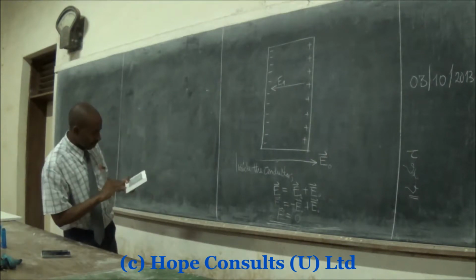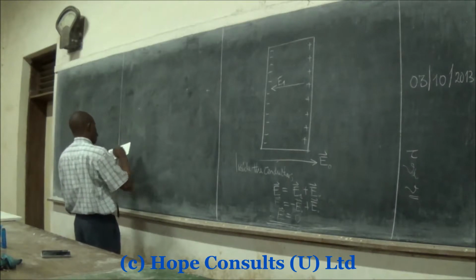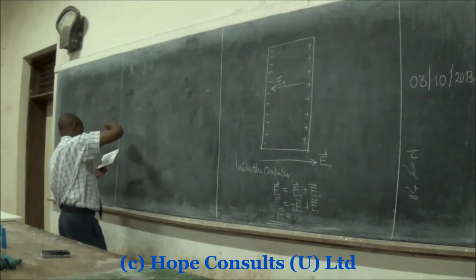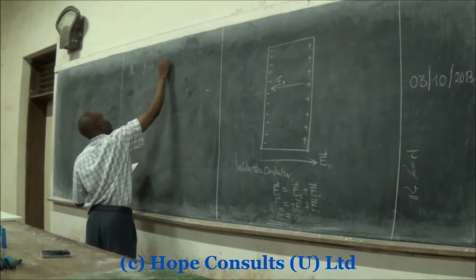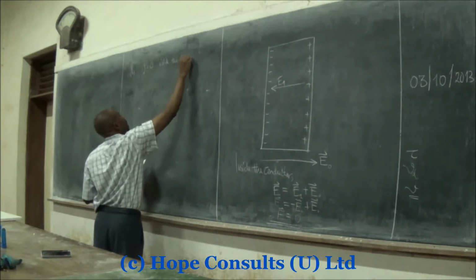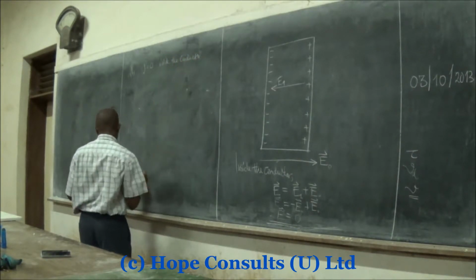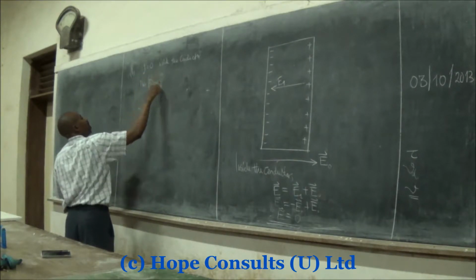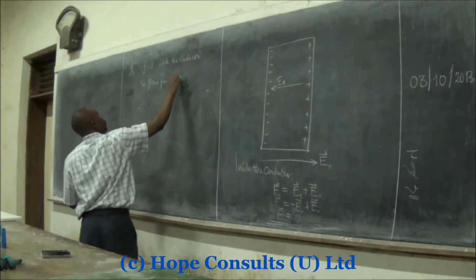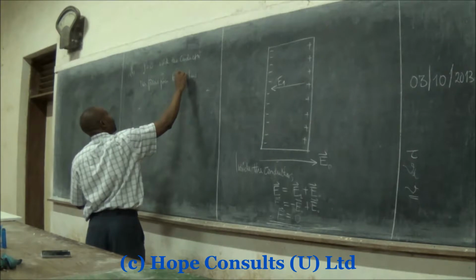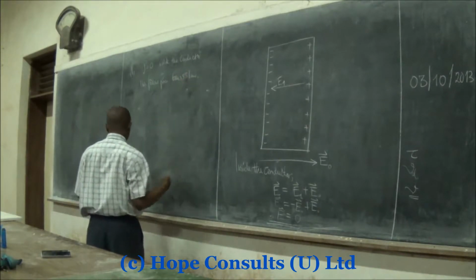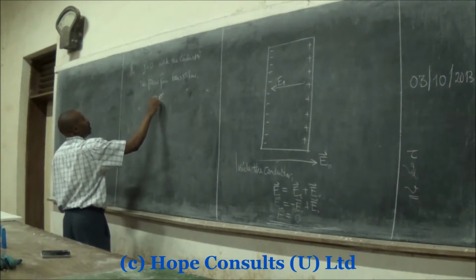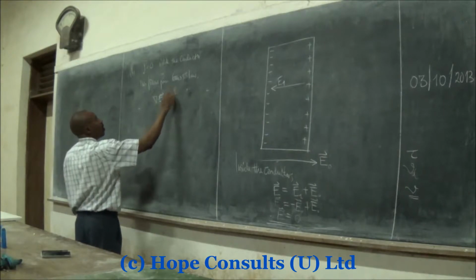So then the other property is that the charge density inside the conductor is 0, and we have a reason for this. This follows from Gauss's law, as I already said, where the divergence of E is equal to rho over epsilon naught.